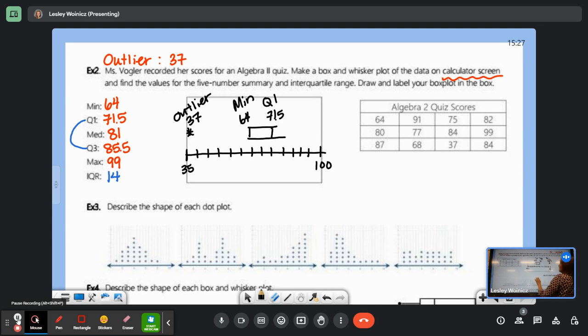My median is 81. That's Q2. My Q3 is at 85.5. Wait a minute, what did I just do? I think you made the minimum a box. Wait, what? Oh, I did make the minimum a box. Okay, thank you.